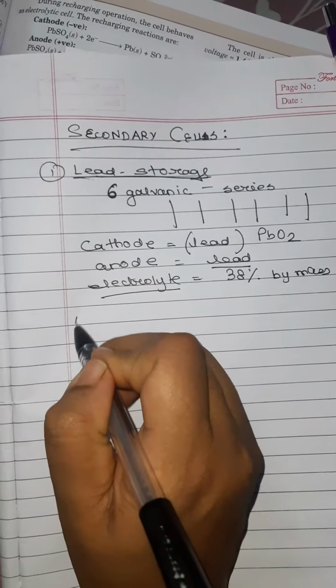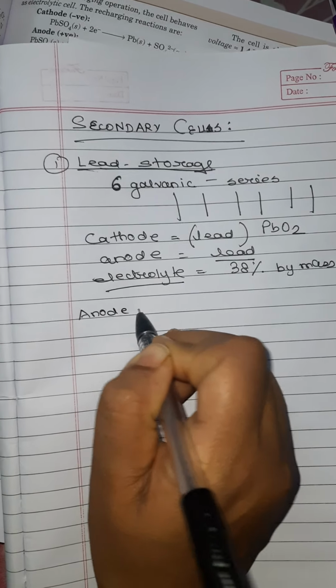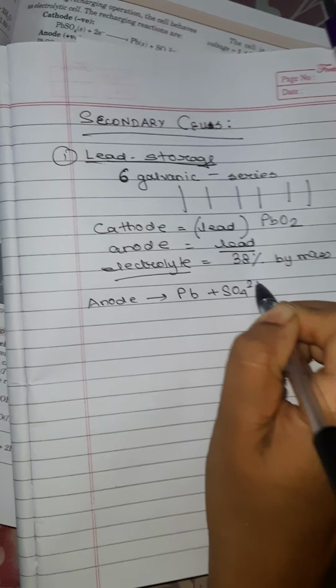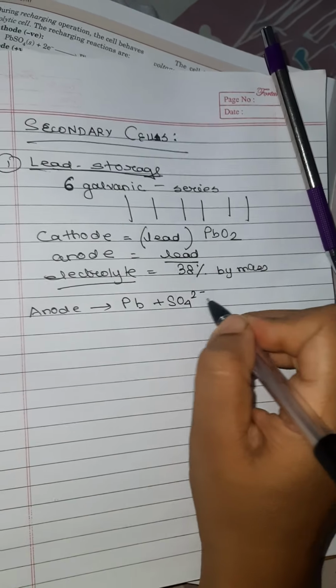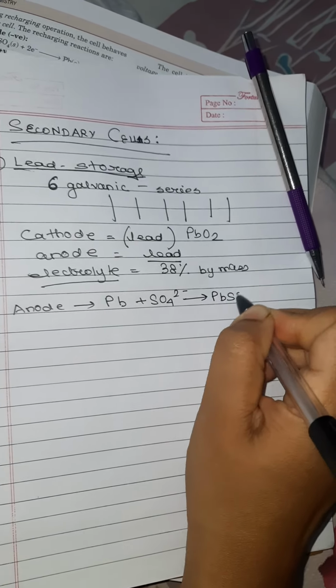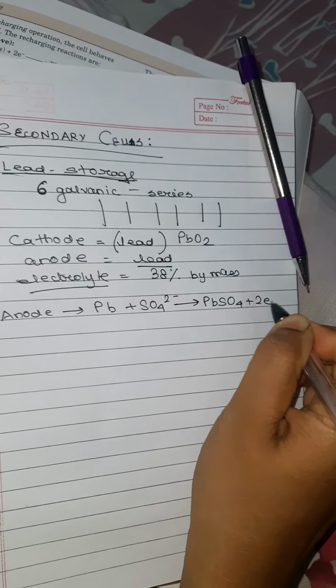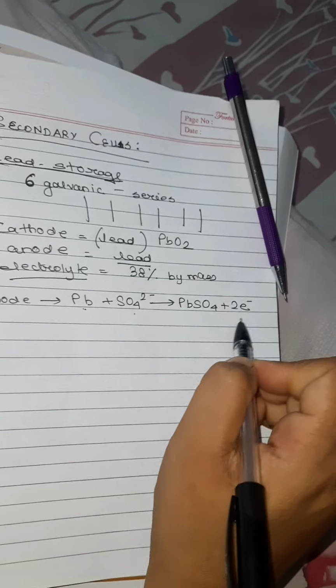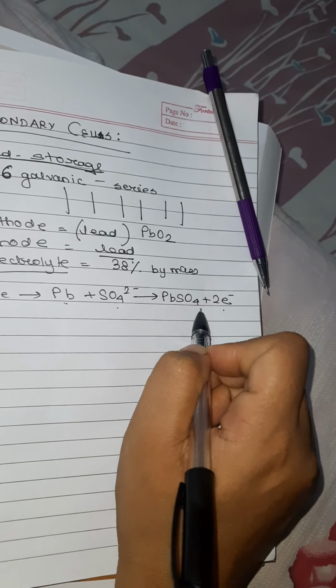What's your anodic reaction? At the anode oxidation takes place. How do we know? Look at the reaction. Loss of electrons takes place and you form lead sulfate.